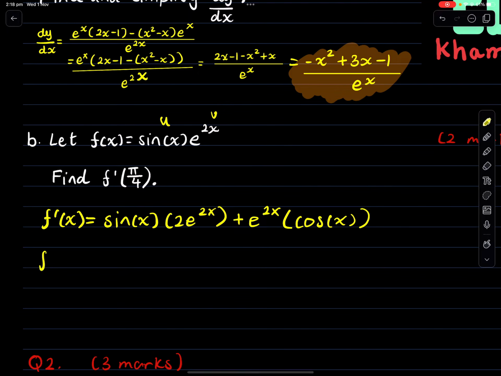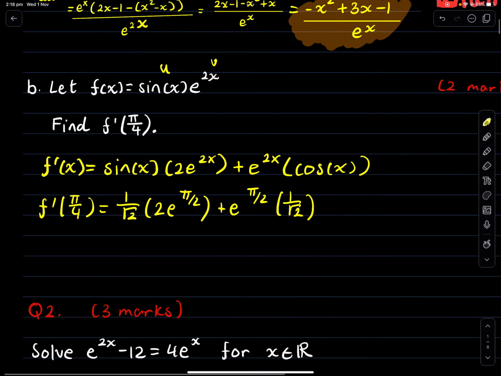Okay, so then f dash of pi on 4 will be, sine pi on 4 is 1 on root 2, times 2e^(pi on 2), since pi over 4 times 2 is just pi on 2, plus e^(pi on 2) times cos pi on 4, which is again 1 on root 2. Now we're going to rationalize this 1 over root 2.